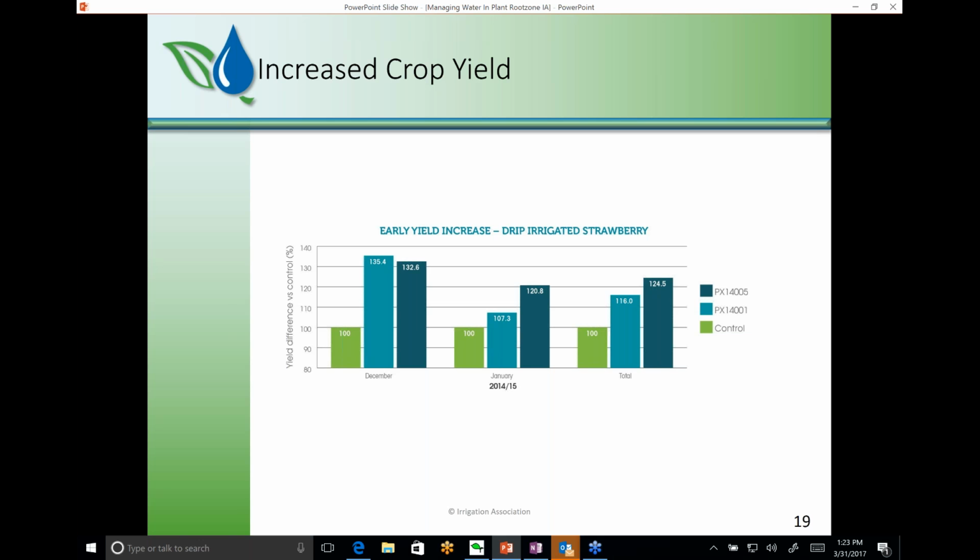In this trial, there was a control, and there were two water management chemistries. In this case, PX14005, which is the darker bar, and 14001, which is the lighter bar. The difference between these two is 14005 is the plant-based product, 14001 is the synthetic product.